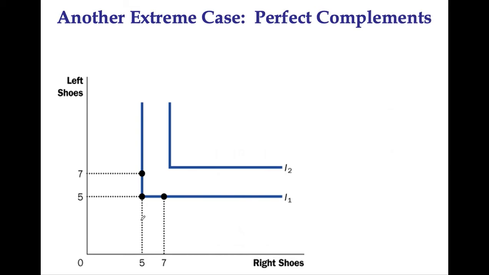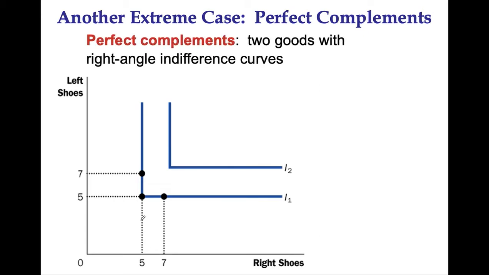Another extreme case is perfect complements. Here the two goods are perfect complements, meaning the two goods have right angle indifference curves, like we have here, with 90 degree angles. The example is left shoes and right shoes.